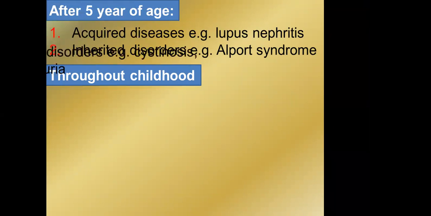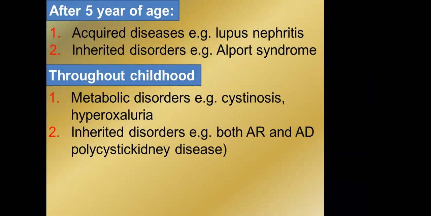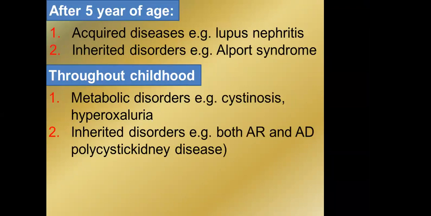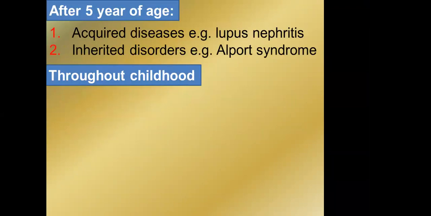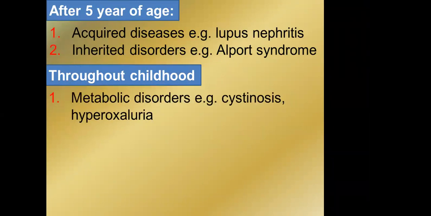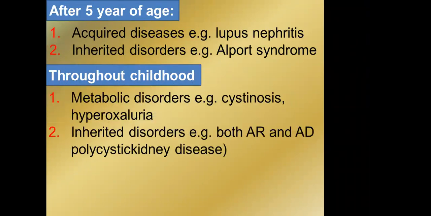Other causes might occur throughout childhood, that means below 5 years or after 5 years, including metabolic disorders, for example cystinosis, hyperoxaluria, or inherited disorders, for example both autosomal recessive and autosomal dominant polycystic kidney disease.